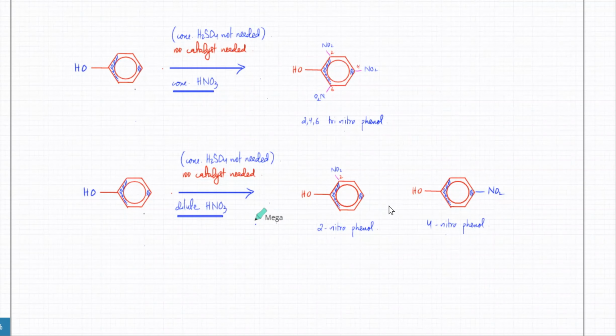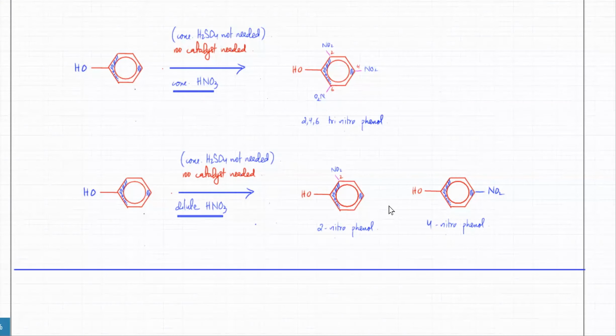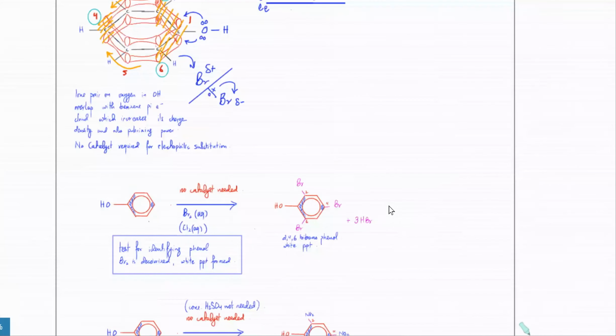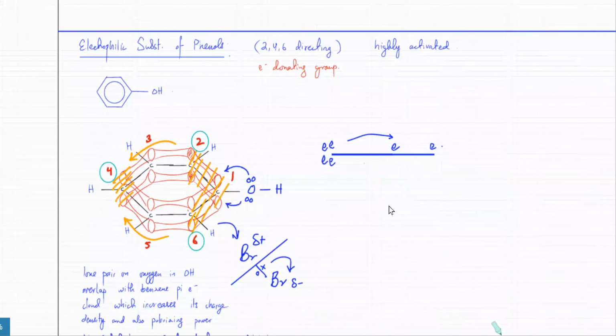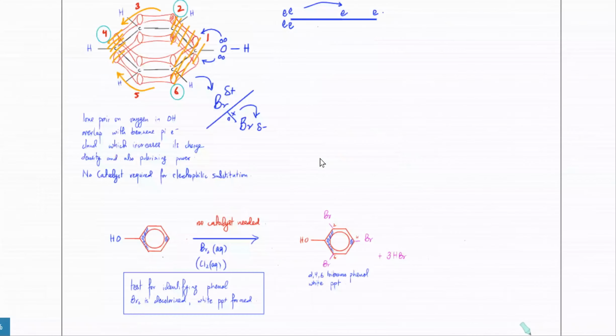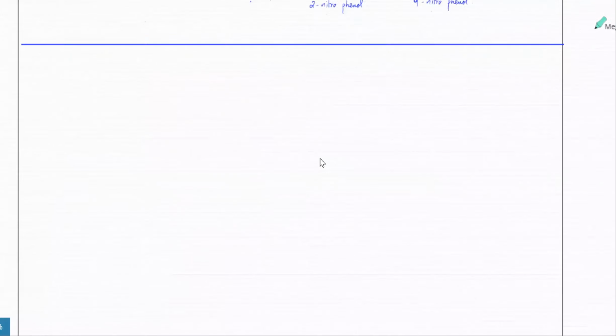And remember, electrophilic substitution of phenylamines is going to be exactly the same. This entire thing that we did is for phenols. For phenylamine, it's exactly the same. So I'm not going to repeat everything.